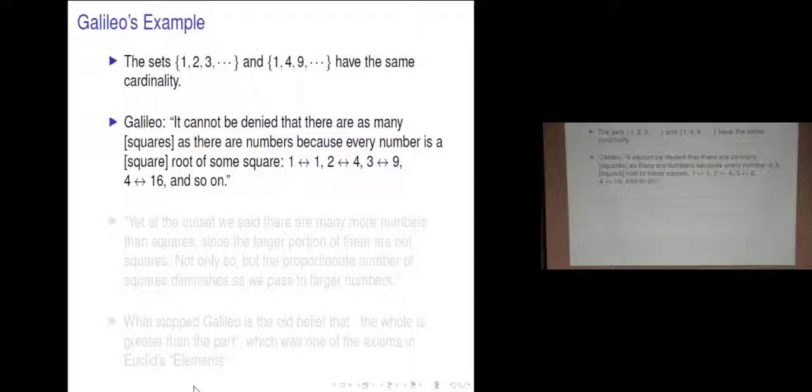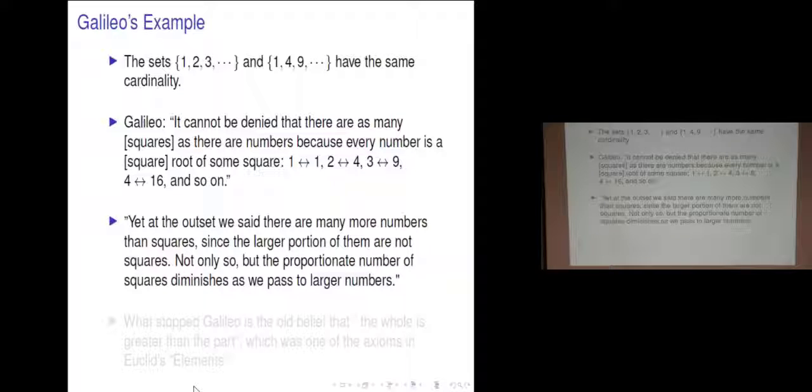So he noticed this one-to-one correspondence. If you notice this one-to-one correspondence, the number of positive integers is the same as the number of squares. However, he immediately said, yet at the outset, we said there are many more numbers than squares, because the larger portion of them are not squares.